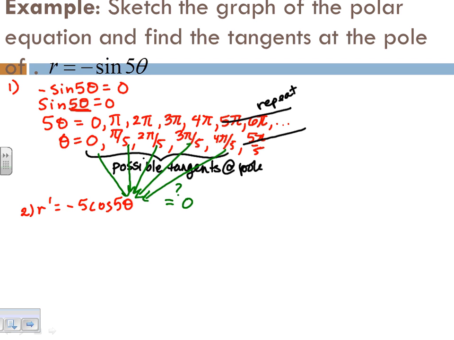So if I plug in 0, what's cosine of 0? Not 0. 5 pi would give me pi, cosine of pi. Not 0. Not 0, not 0, not 0, not 0. Does that make sense? So all of these are tangents at the pole.